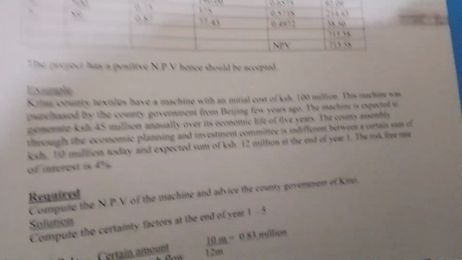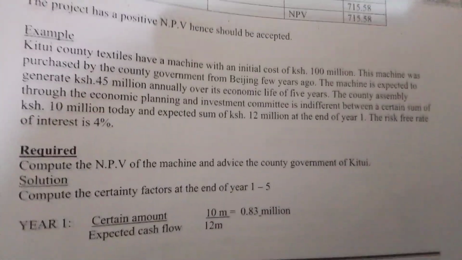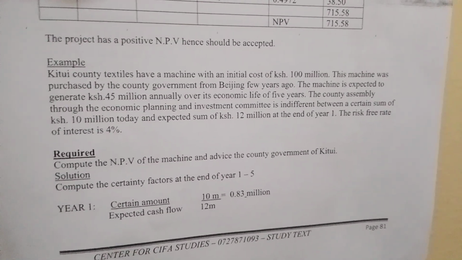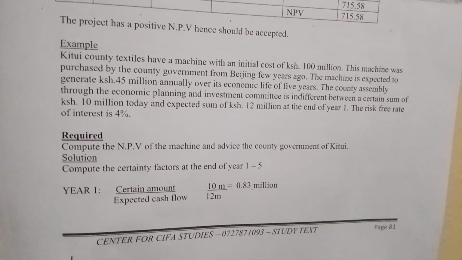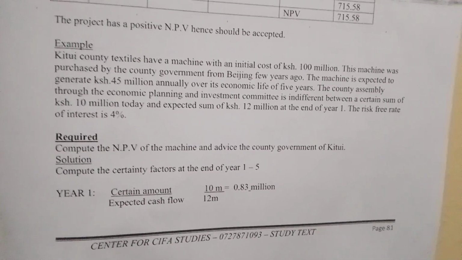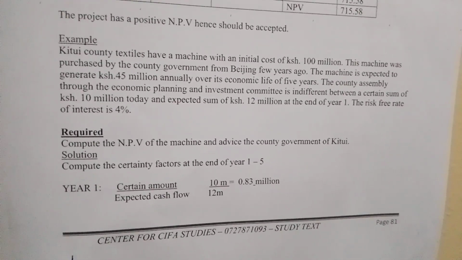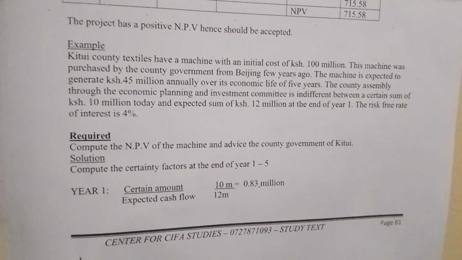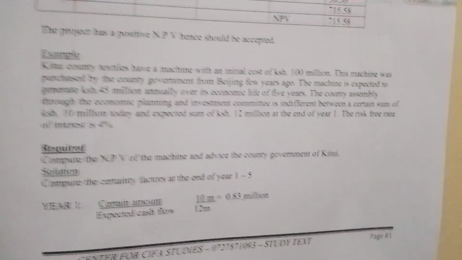Now the other question for your assignment, which again I'll give you the solution down there. You are told Kitui County Textiles have a machine with an initial cost of shillings 100 million. This machine was purchased by the county government from Beijing a few years ago.